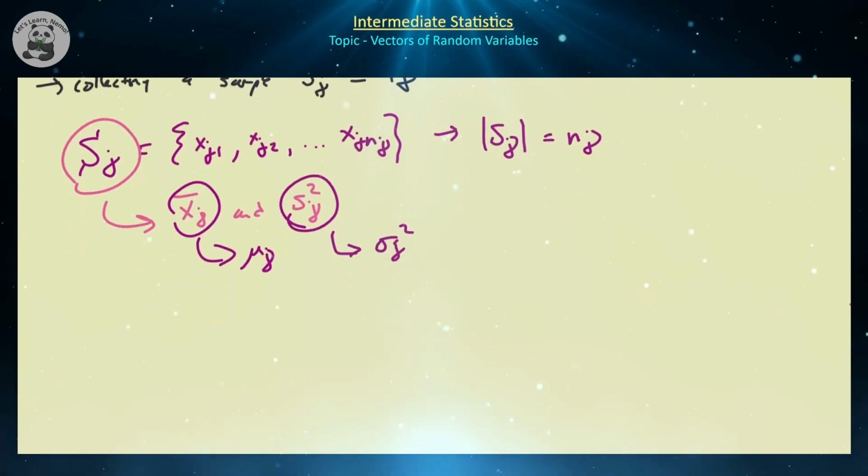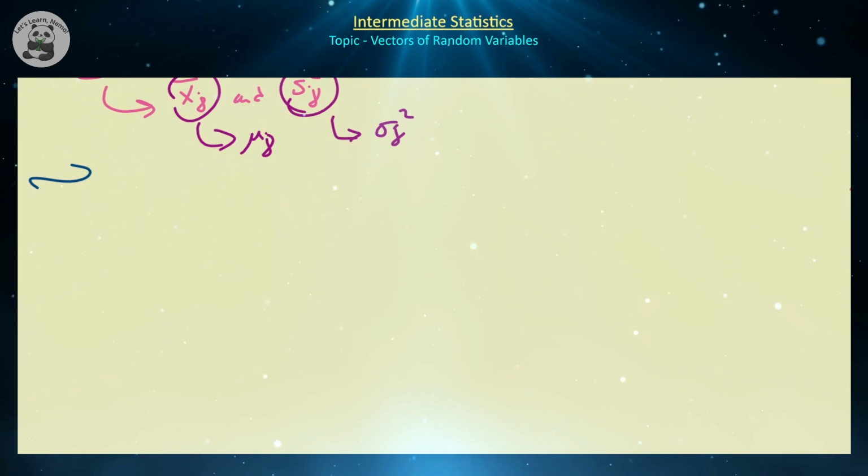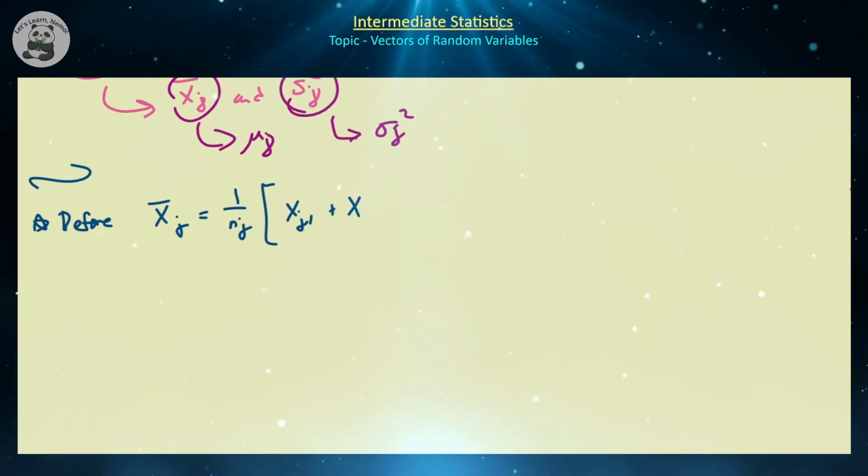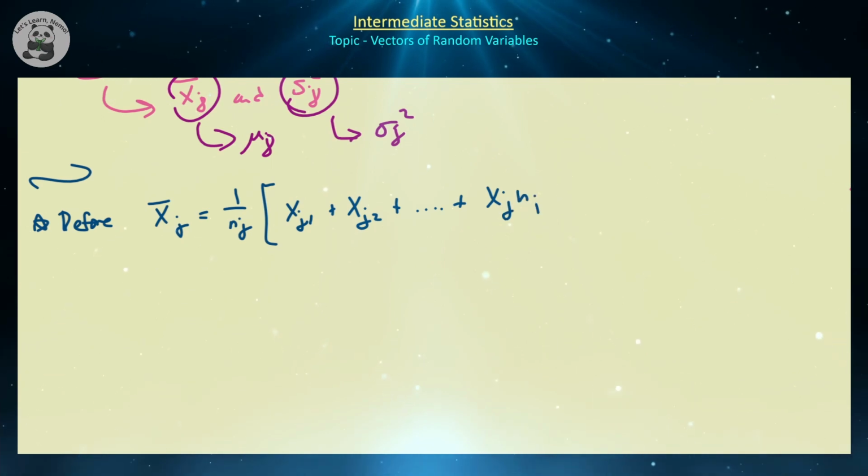Let's work out a couple of theoretical things just in case you are not already aware of them. We're going to define capital X bar j to be equal to 1 divided by nj times the sum of Xj1 plus Xj2 all the way down to Xj nj. Here, capital Xji and so on are all random variables.